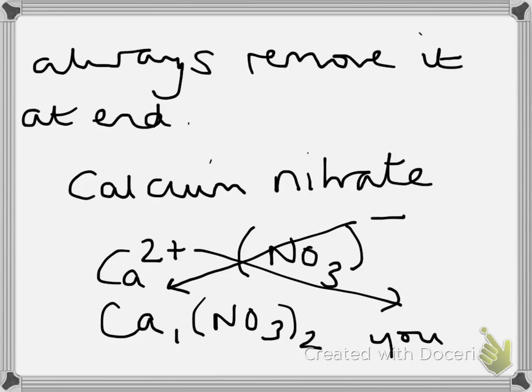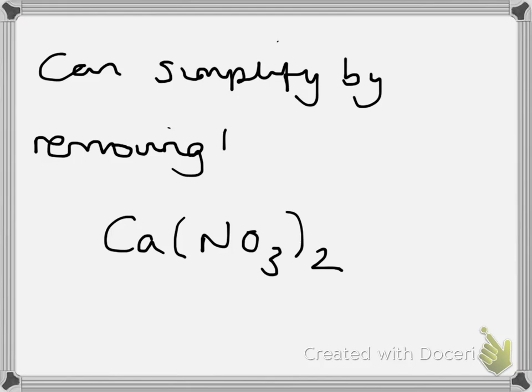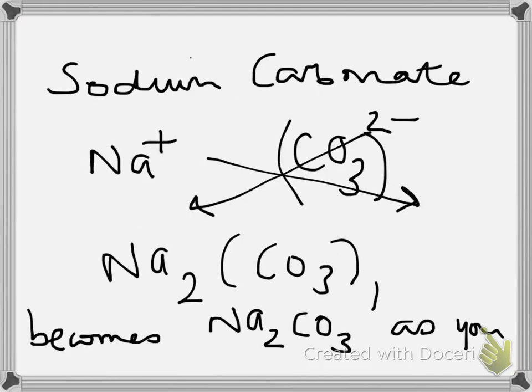So that we keep the actual charge away from the main part of the ion's formula, the NO3, I put brackets around it, so you'll see I've done (NO3) with minus 1 as the charge. Then if we use the swap over method, that would be Ca1(NO3)2. You don't really need the 1, so we can simplify it by removing the 1, so that'd be Ca(NO3)2.